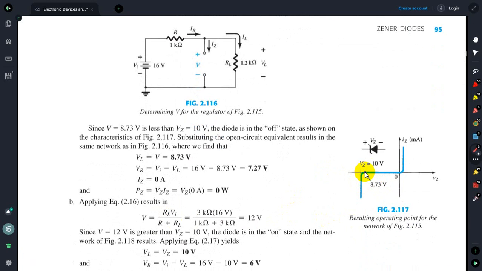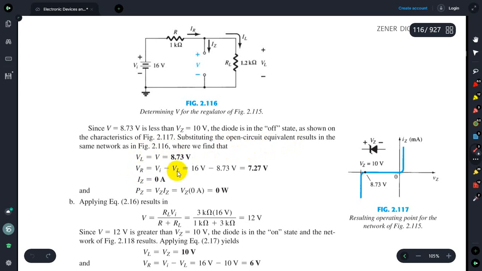VL equal to V, 8.73 volt. Diode is off state. Substituting the open circuit equivalent results in the same network as in figure 2.116, where we found that VL equal to V equal to 8.73 volt. So what is VR?